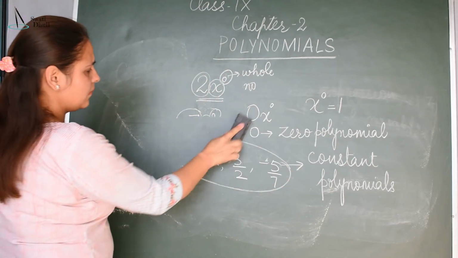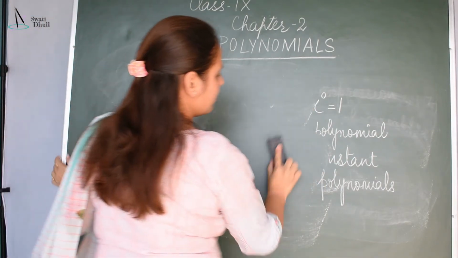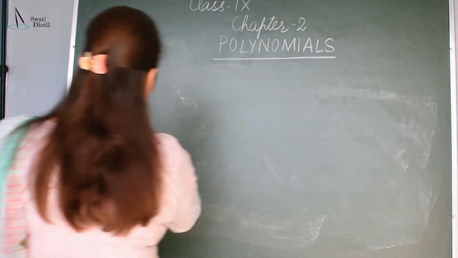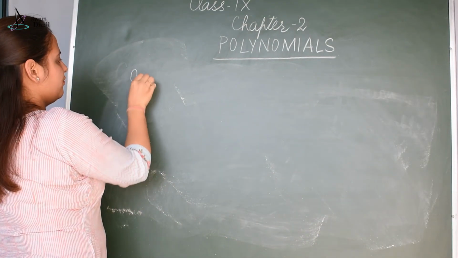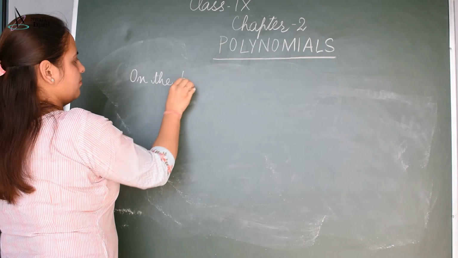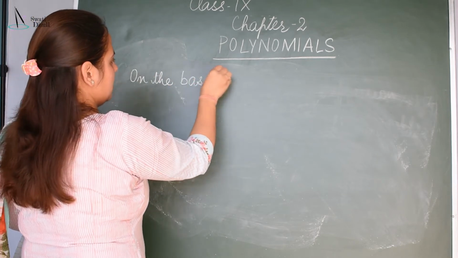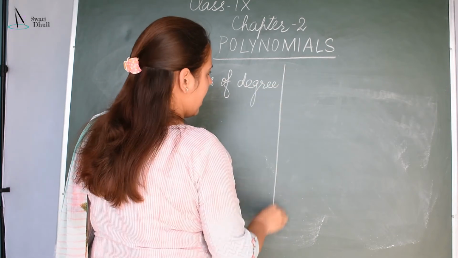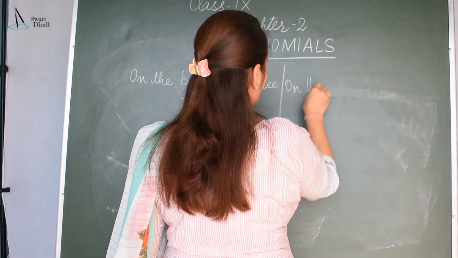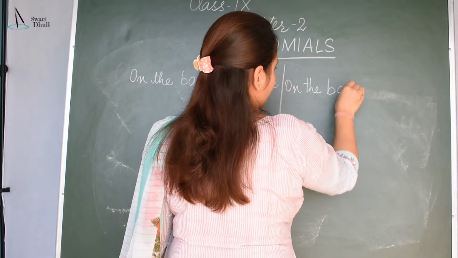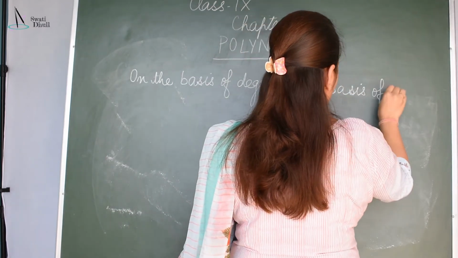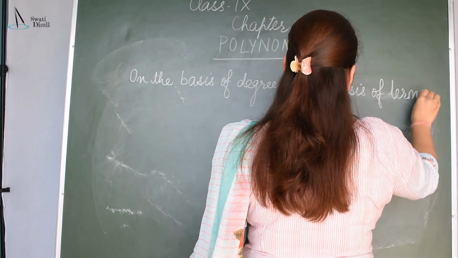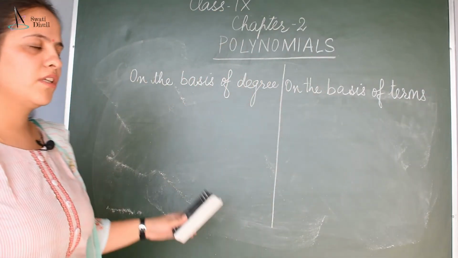Now, polynomials can be categorized on the basis of degree and on the basis of terms. Terms we have already studied. There can be 1 term, 2 terms and 3 terms.